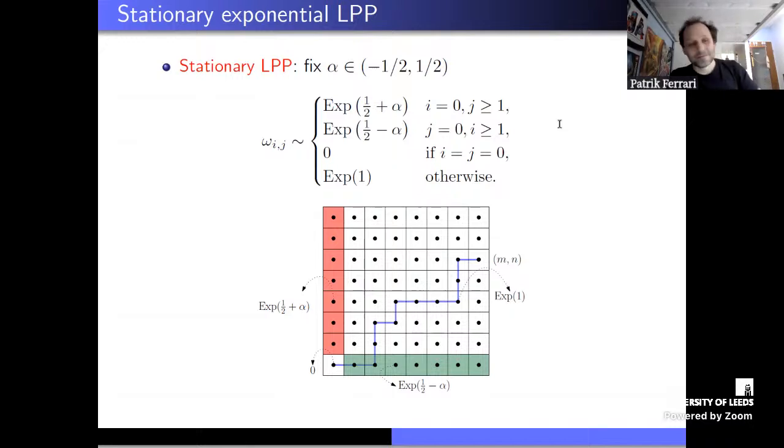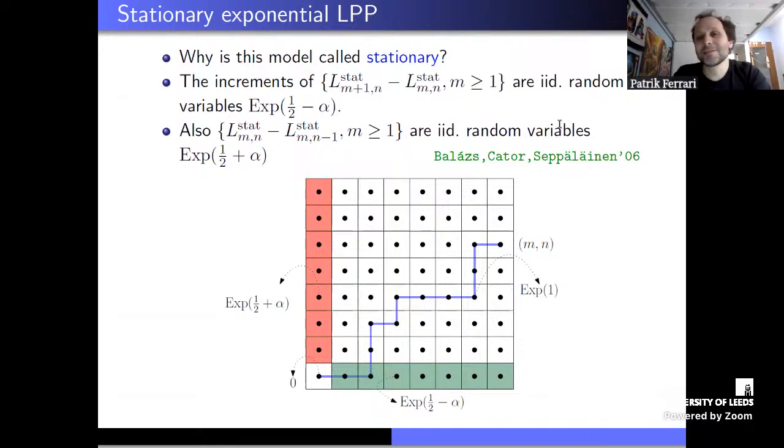This stationary last passage percolation is very well known to be stationary, and the name comes from the following property that Martin, who was online before, obtained with Catherine and Timo in a paper. If you look here, the increment of the last passage percolation on the first row of zeros is just the sum of the random variables which are exponentially distributed with parameter 1/2 minus alpha.